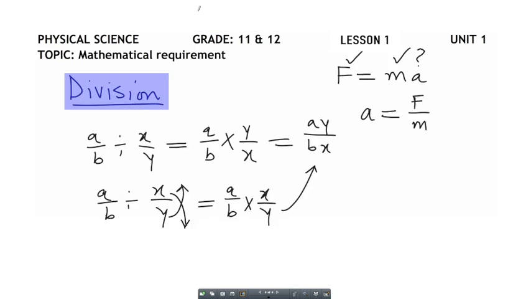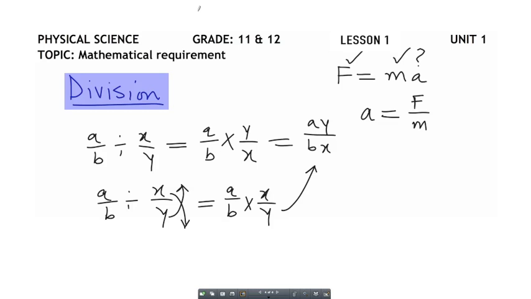And then lastly, we looked at division, where I gave an example of variables a, b, x, y, whereby if we divide ab over xy, ab does not change, so we change the variables x and y. Y goes on top, x goes down. From then we do multiplication, where we multiply ay over bx, and our final product is ay over bx.